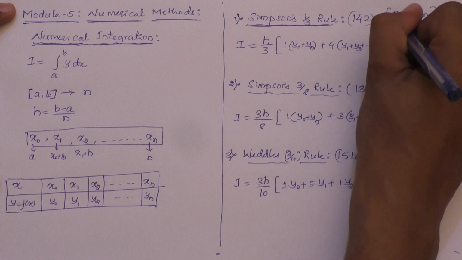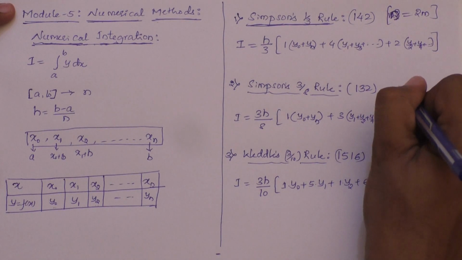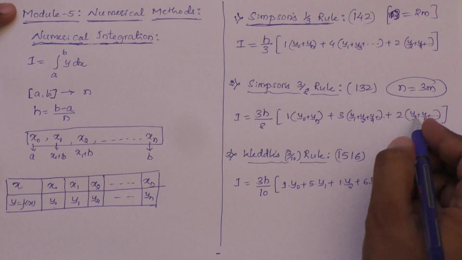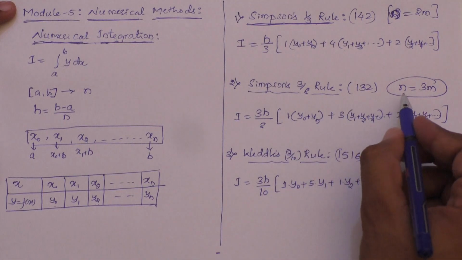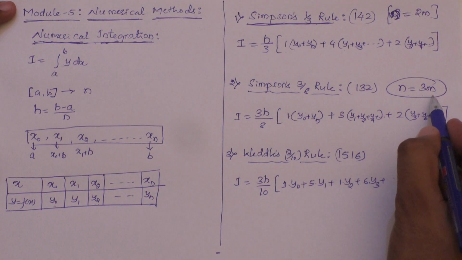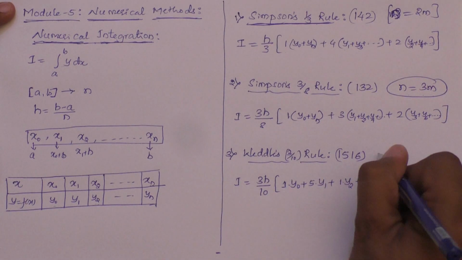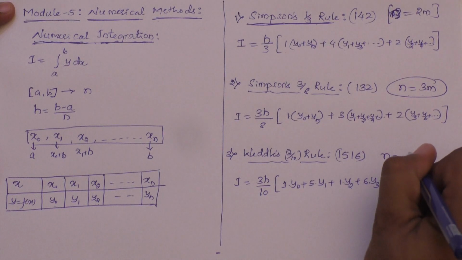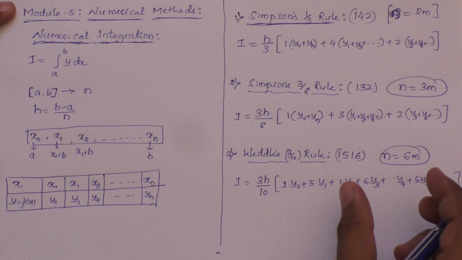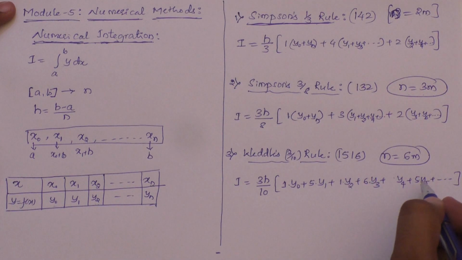So the 3/8 rule applies when n is a multiple of 3, for example 3 divisions, 6, 9, 12, 15 divisions. And Weddle's rule is applicable when n is a multiple of 6, n equal to 6m, meaning when the number of divisions is 6, 12, 18 and so on.